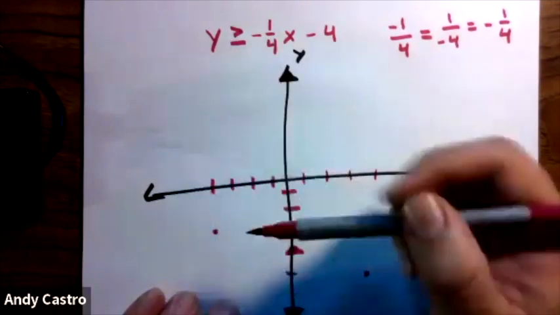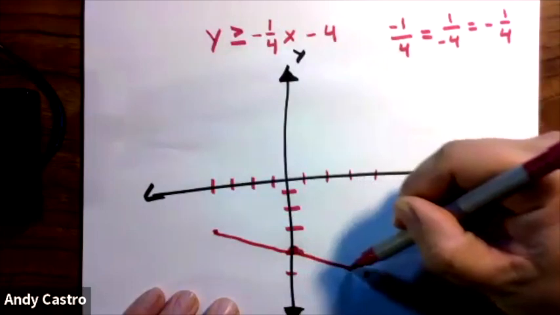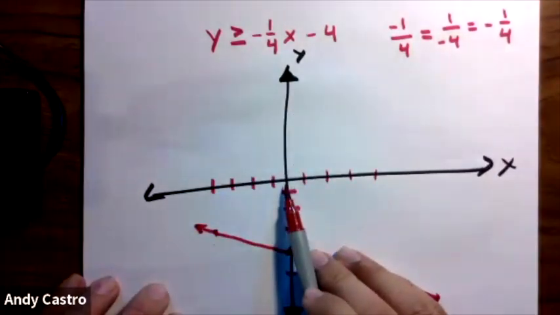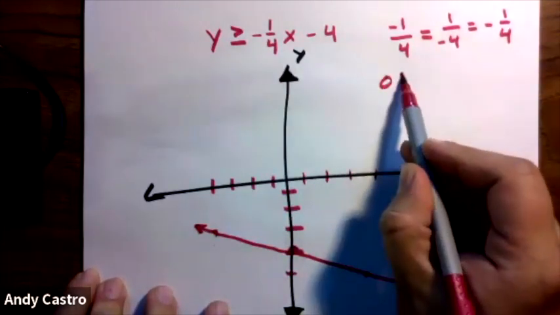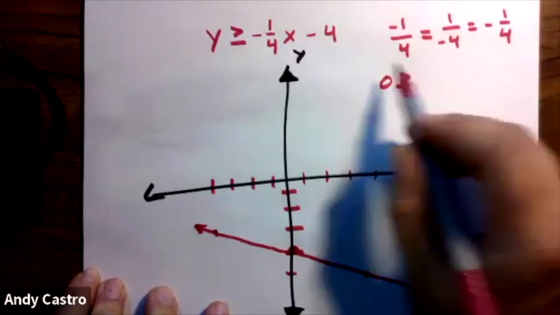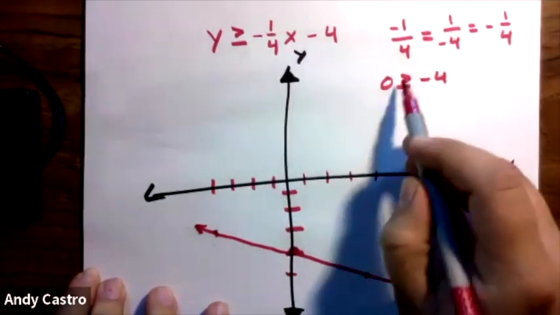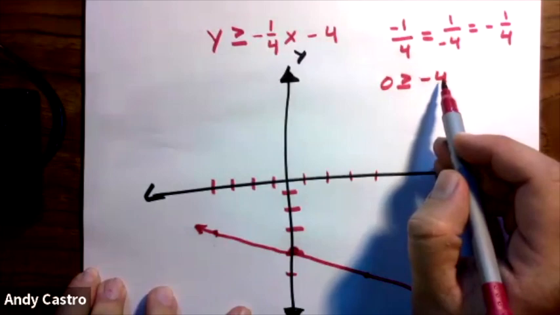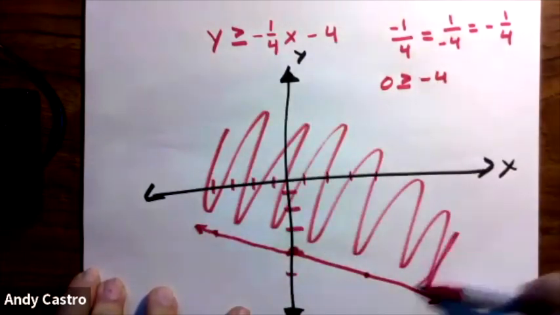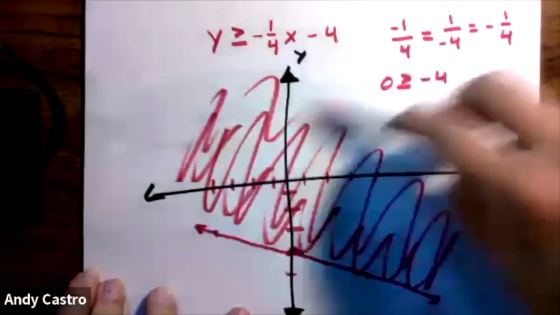This is greater than or equal to, so it's going to be a solid line. If I check the point 0, 0, I have 0 is greater than or equal to 0, minus 4 would give me -4. 0 is greater than -4. That is true. So it's everything on top here, everything above this line.